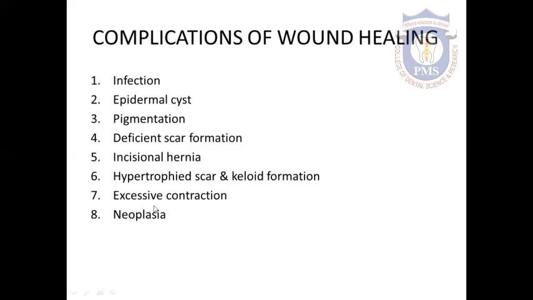Sometimes excessive wound contraction can result in contractures like Dupuytren's contracture, plantar contractures, etc. Then the last is neoplasia. Sometimes, or rarely, a scar may be the site of development of carcinoma later. Example, squamous cell carcinoma can occur in Marjolin's ulcer.